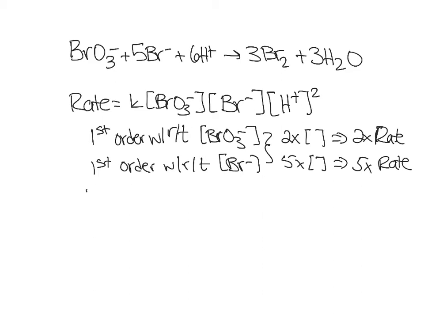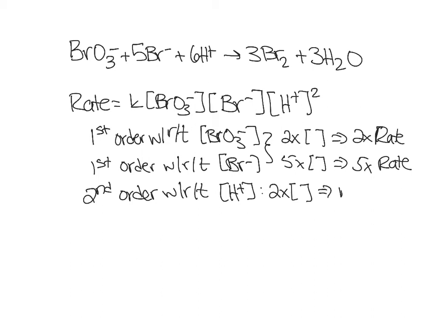On the other hand, this reaction is second order with respect to the H+ ion. That means that the rate goes up faster with the hydrogen, right? If I take this concentration and I multiply it by 2, the rate goes up by 2, the amount that I multiplied by, to the exponent, right?